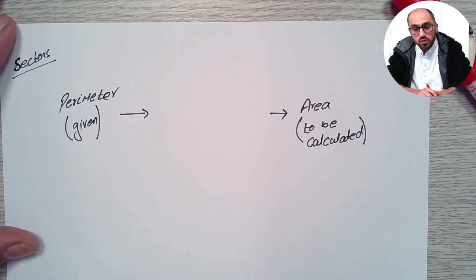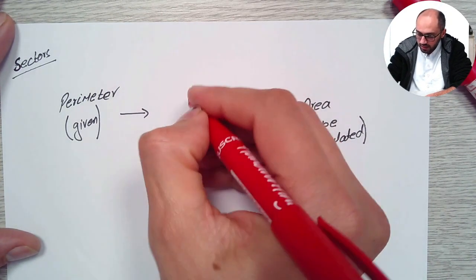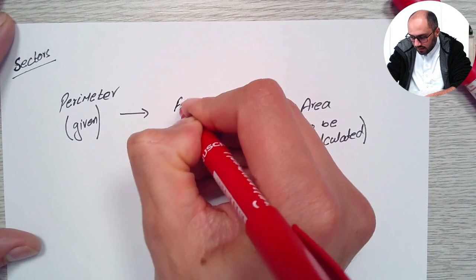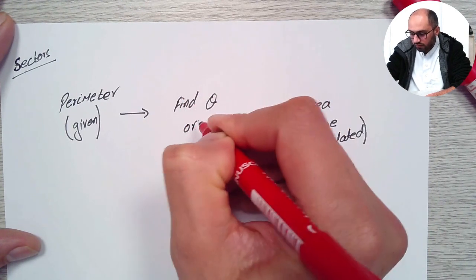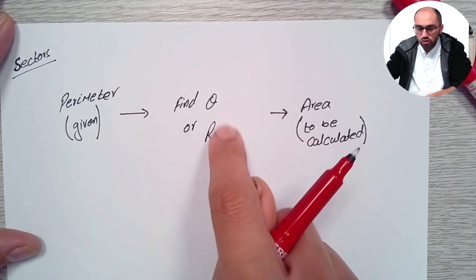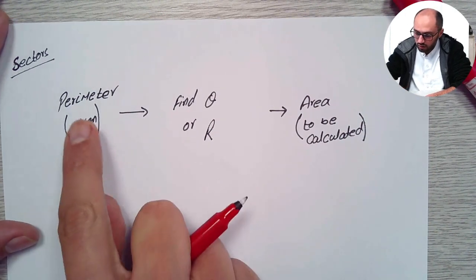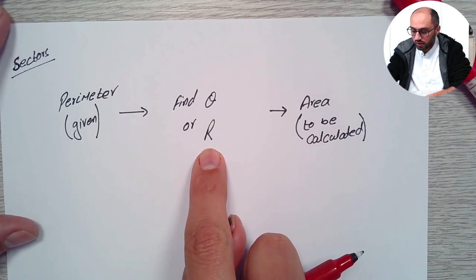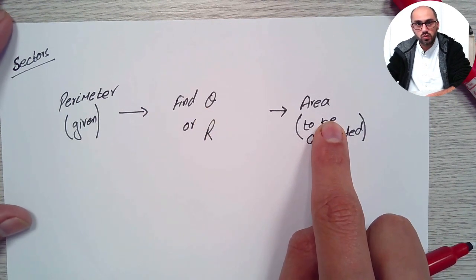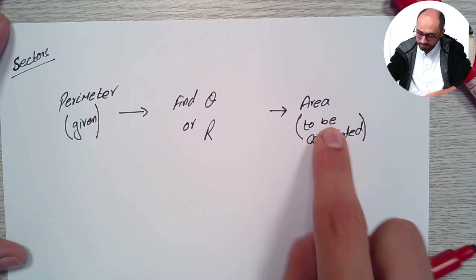What you will need to do is you'll have to find angle, or you will find the radius. Now one of these two will also be given to you. So they may give you perimeter and the angle. In that case, you'll find the radius. Once you know the radius, then you will be able to work out the area of that shape.